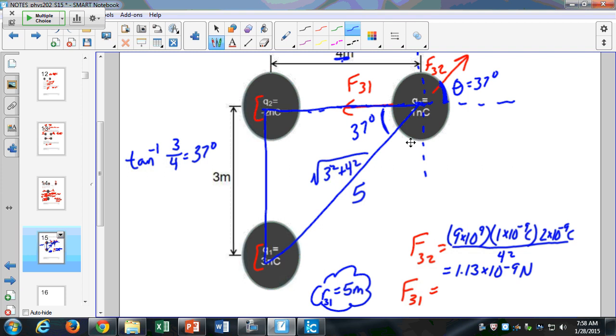And F31, I'll just take a quick moment to calculate what is F31 and tell me what you get. I'll try to use numbers that give you nice round answers. These aren't nice round answers, but usually I try to give you nice round answers for the test.